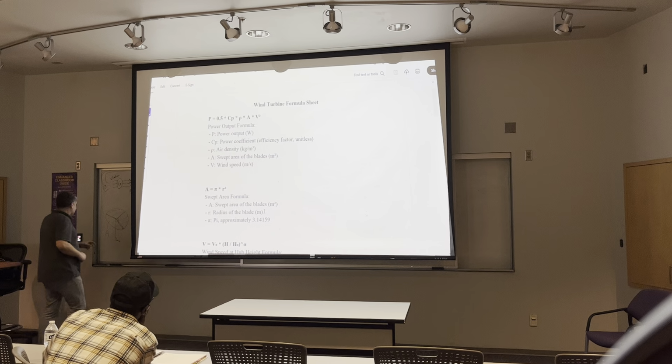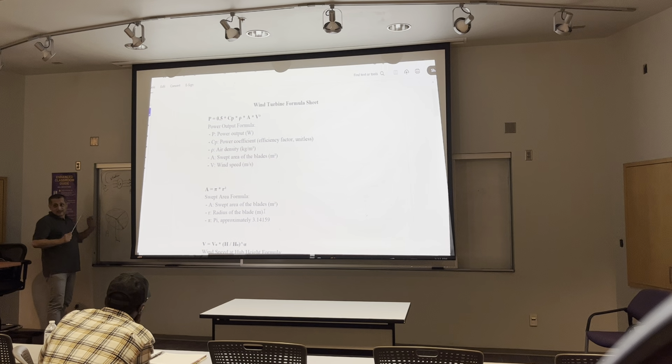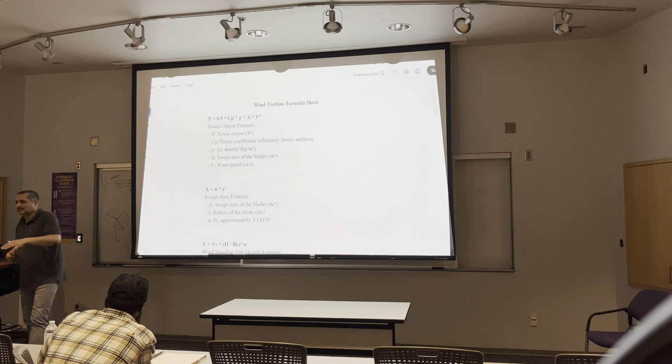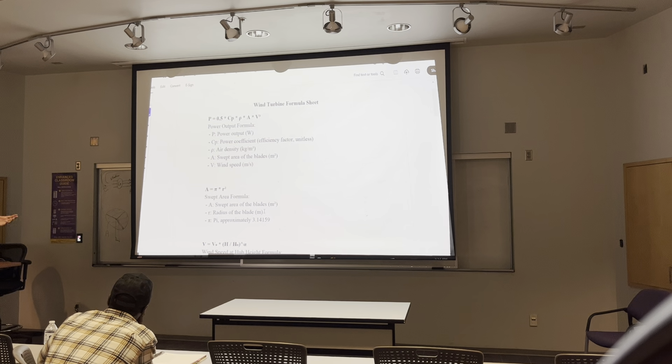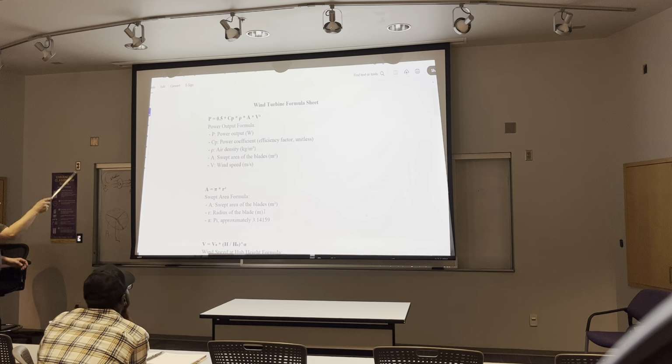Okay, the length of it is approximate, not exactly the same, but the difference is 10 centimeters or 4 inches, no problem. So the length of the blade equals r, the radius of the swept area. Simple.